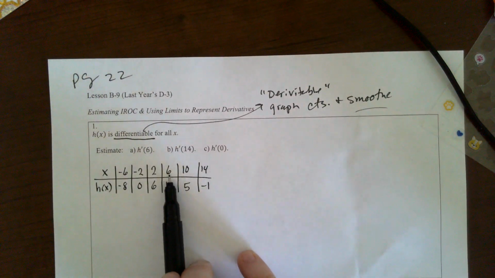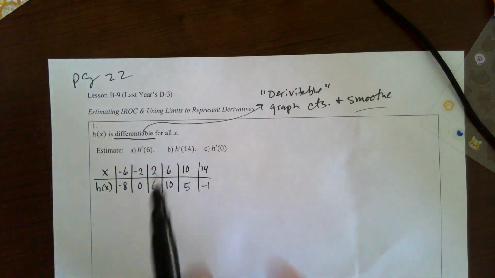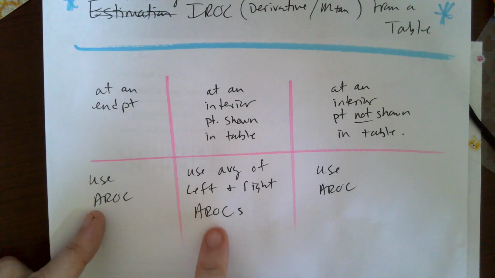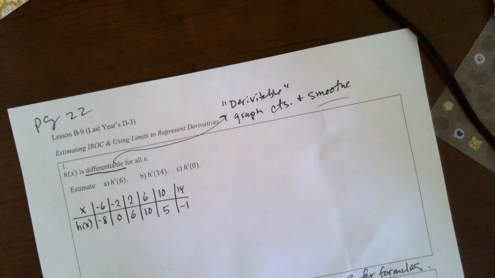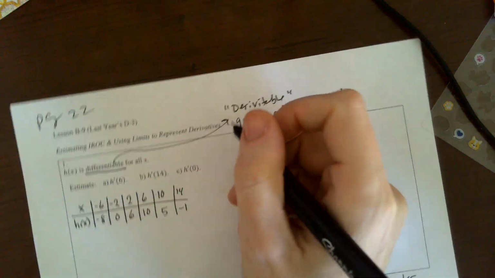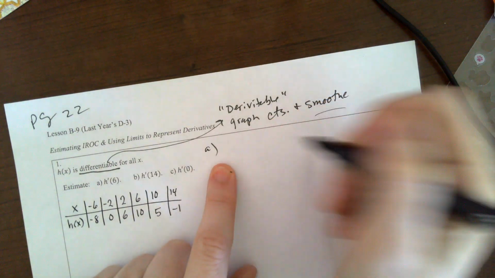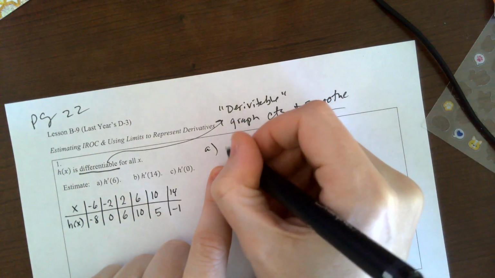Okay, so estimate h prime of 6. 6 is right here, so 6 would be an interior point shown in the table. So we're going to have to do the left and right AROCs. This is for A. Let's show our work.